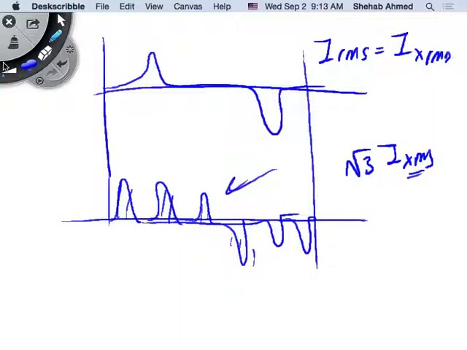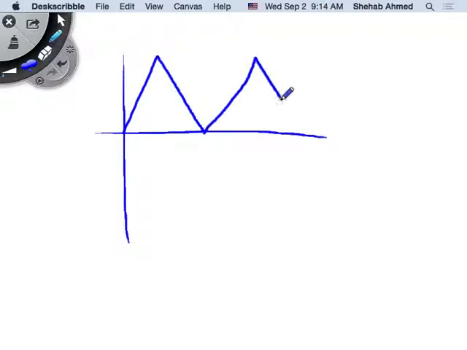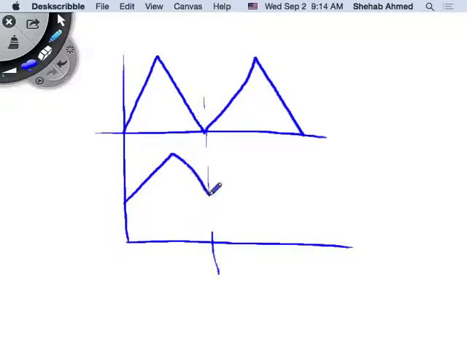This will be helpful in cases where, for example, you were given a triangular waveform that has a certain RMS, which you calculated before. And now I'm asking what's the RMS value of this waveform.